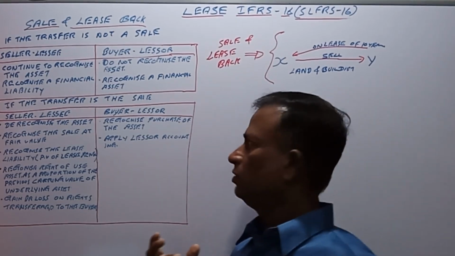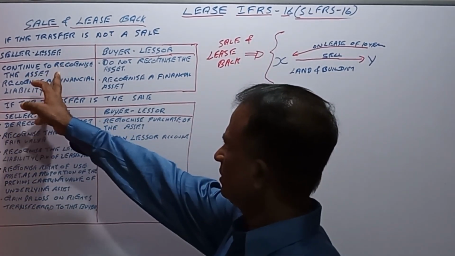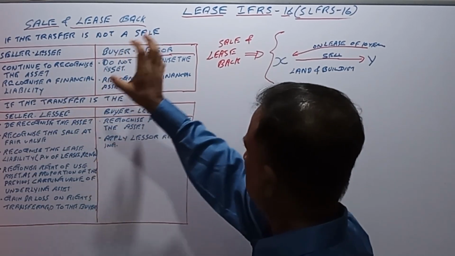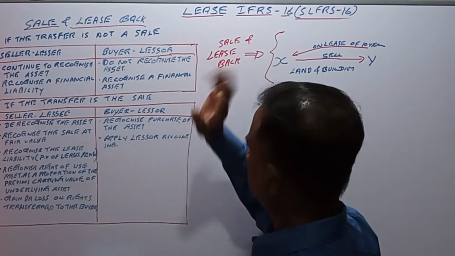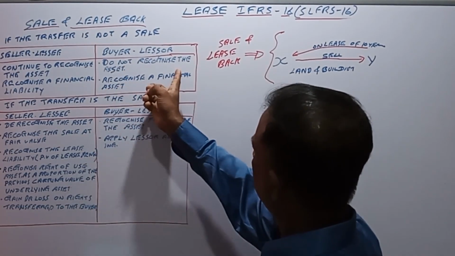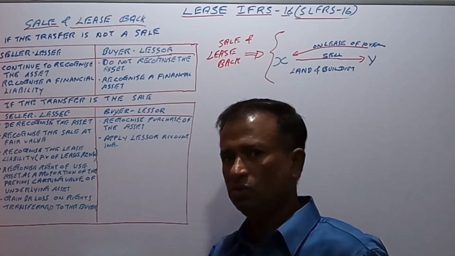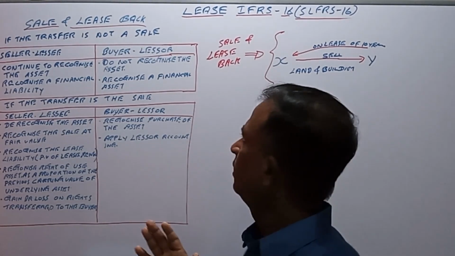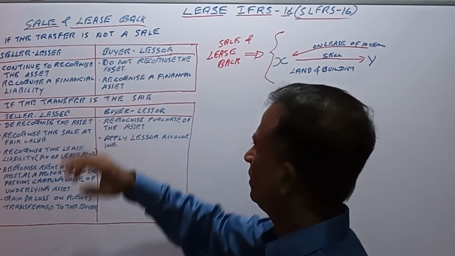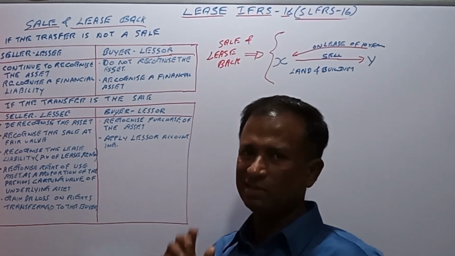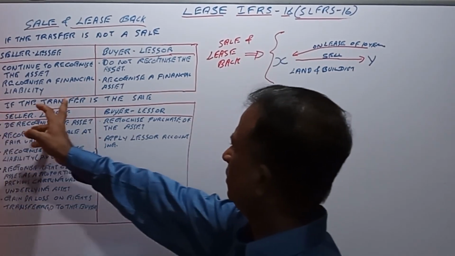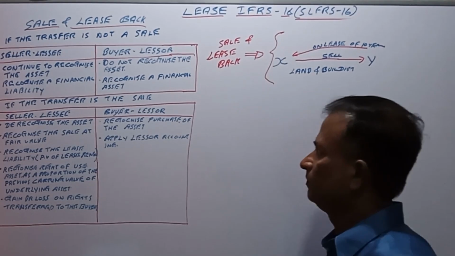So you recognize the asset and recognize a financial liability. On the part of the buyer, that means the lessor, who bought it and leased it out: do not recognize it as the asset. Recognize the financial asset, only the financial asset.